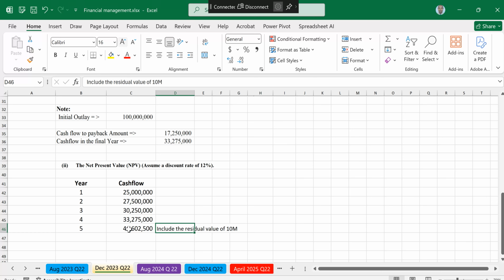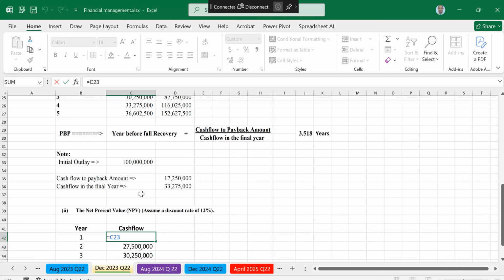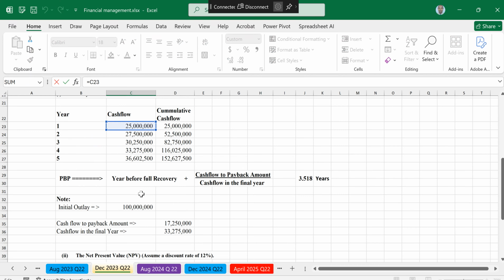No equal sign. You just do equal sign, then you click on the first 25. Don't copy paste. Then you drag down the formula.